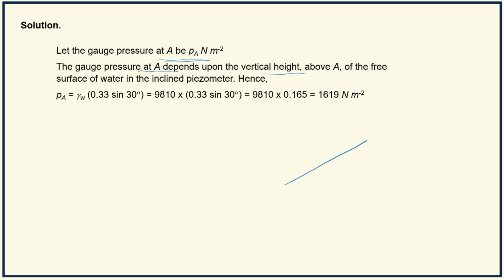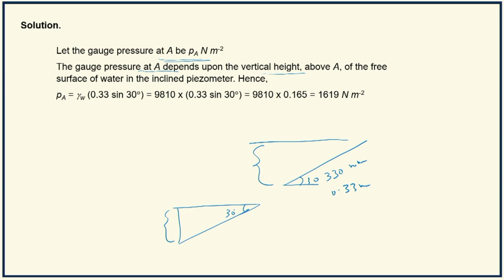Say this is 330 millimeters or 0.33 meter. This is 30 degrees. So I want this height, the vertical height. This is 60 degrees, this is 90 degrees.